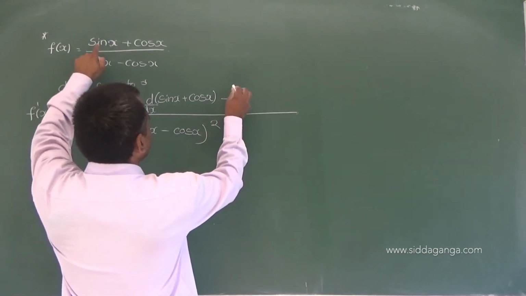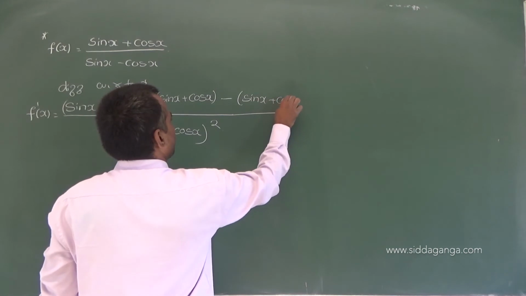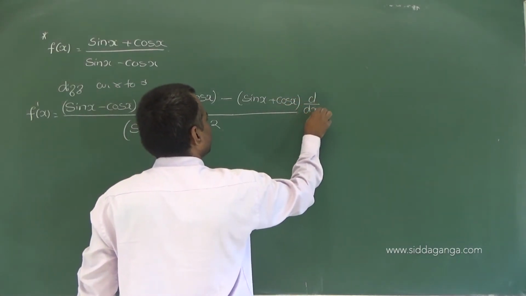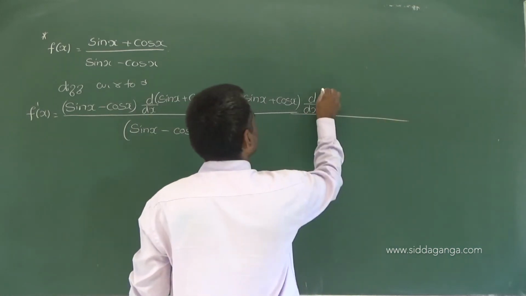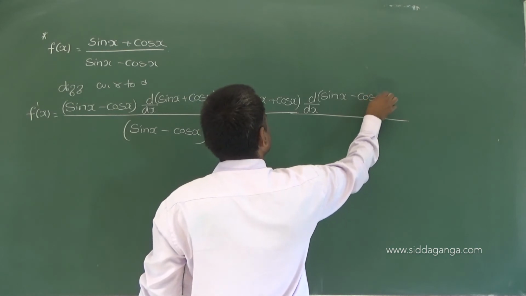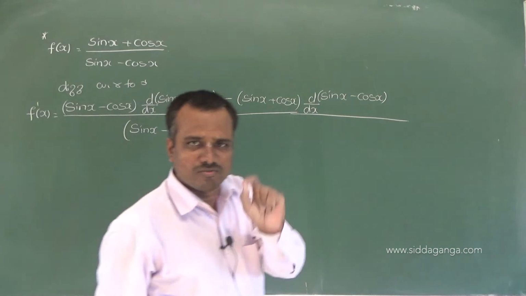Minus sin x plus cos x into d by dx of denominator. Observe each step for a lengthy problem.